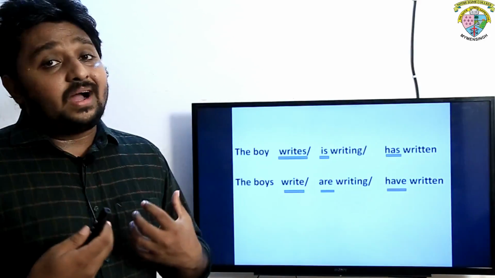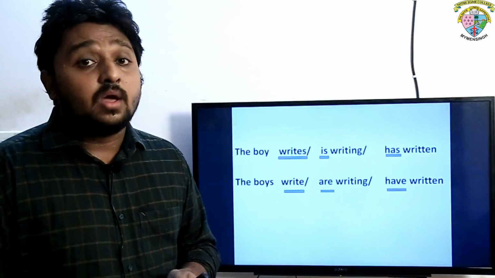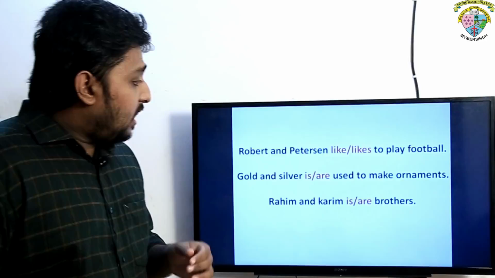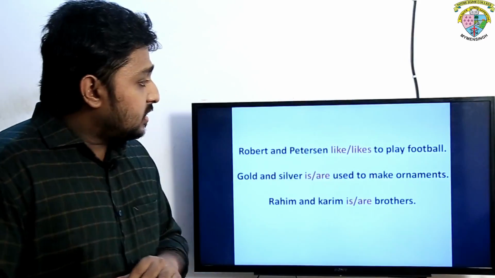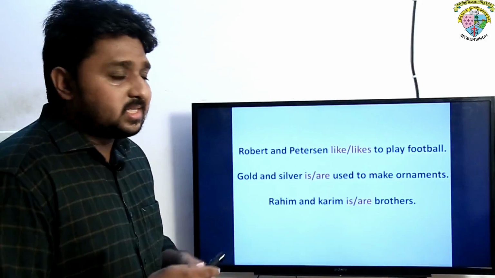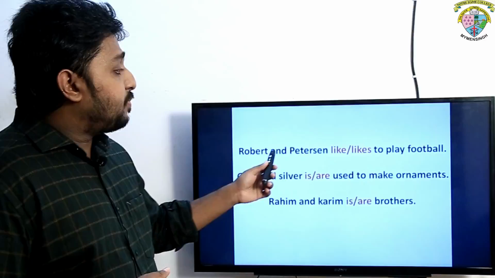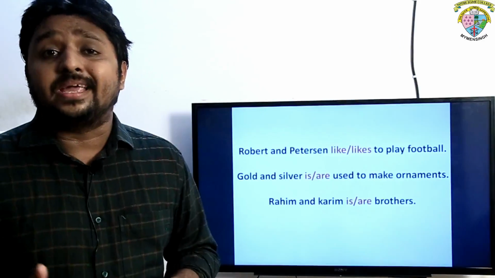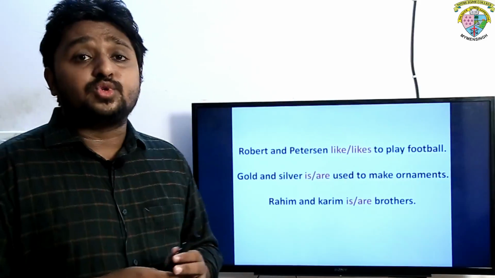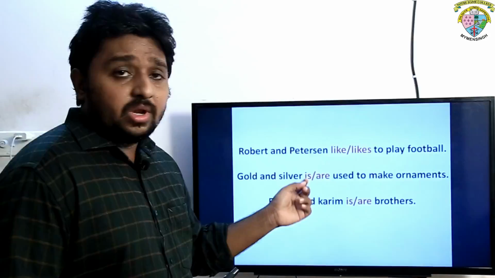But we may find some problems regarding subject-verb agreement. Here I have written three lines for you, and you can clearly see that in these lines there is more than one subject. In the first line, Robert and Peterson like to play football. Here the verb is marked red, and we have to select one. Will it be like or likes?